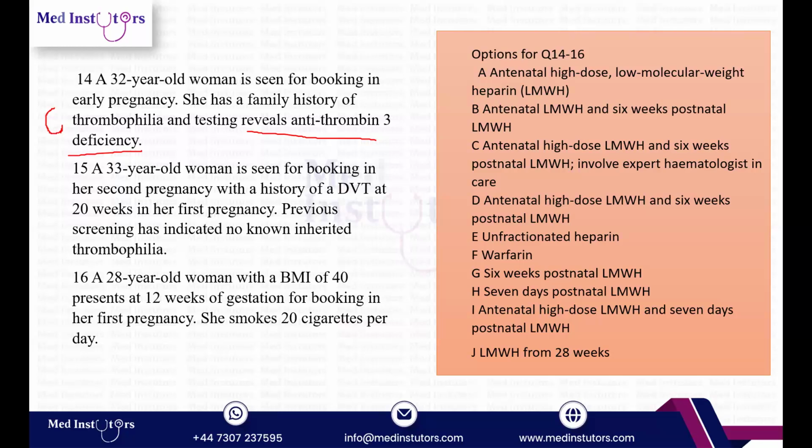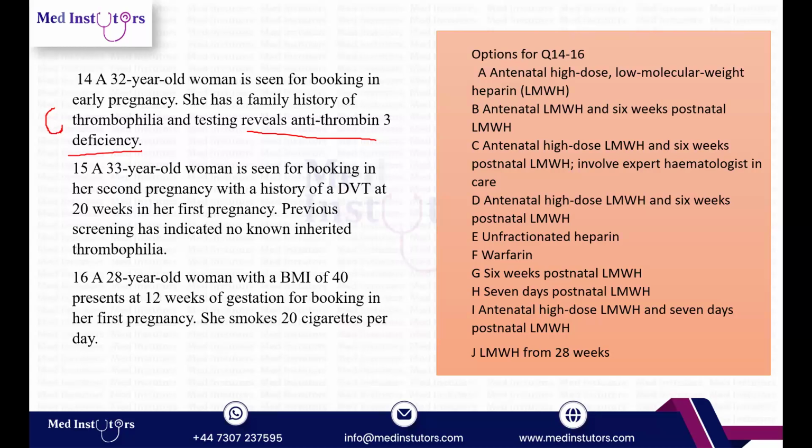When the score is equal to or greater than 4, we begin thromboprophylaxis immediately from the first trimester and you continue it for 6 weeks. If the score is 3, you consider thromboprophylaxis from 28 weeks. If the score is equal to or more than 2, you consider thromboprophylaxis at least 10 days postnatally.